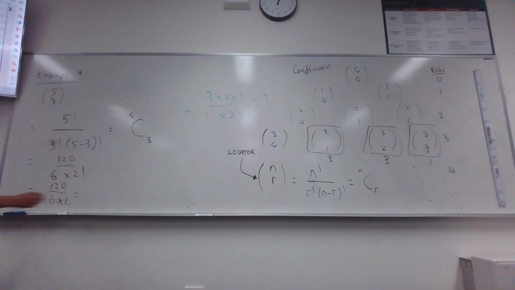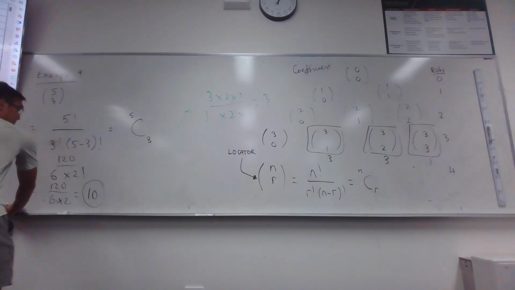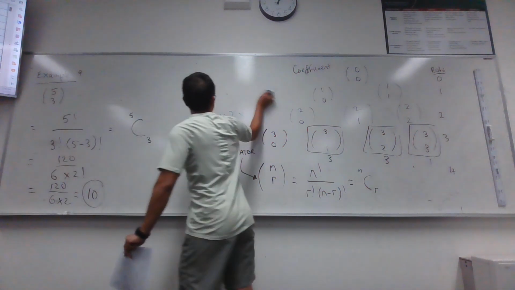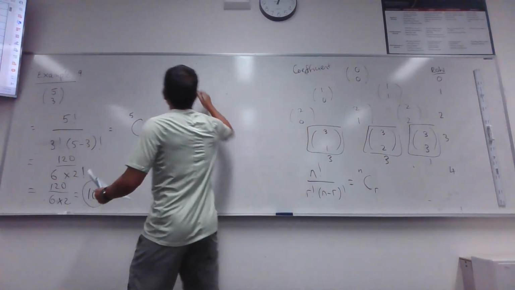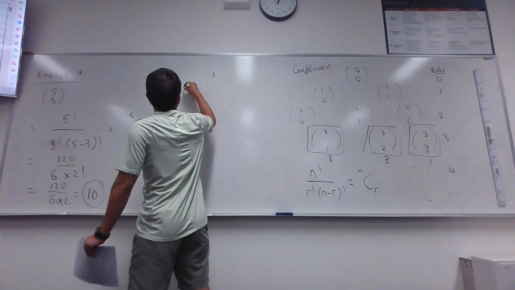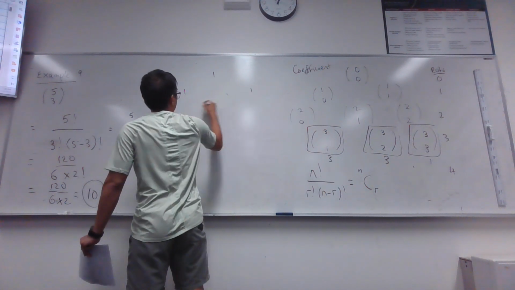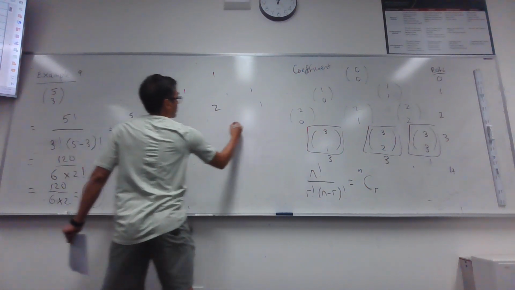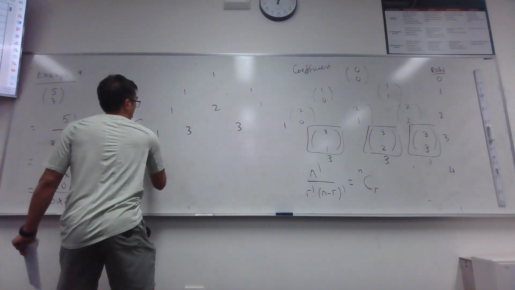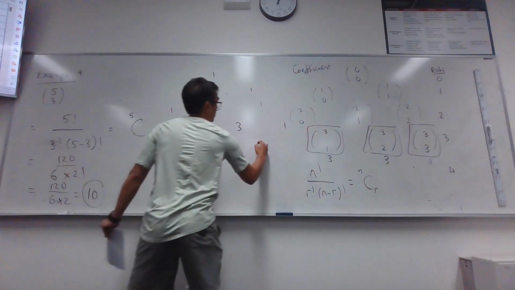What's our answer? 10. How does that make sense? Now, 5 factorial is 120. 3 factorial is 6. 3 factorial is 3 times 2. It gets a lot bigger, and then you times that by 8.